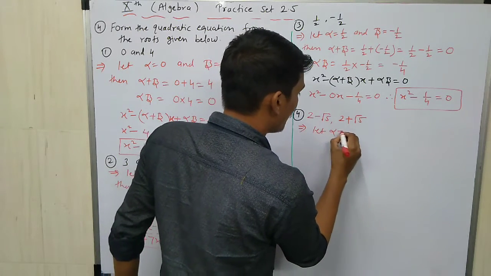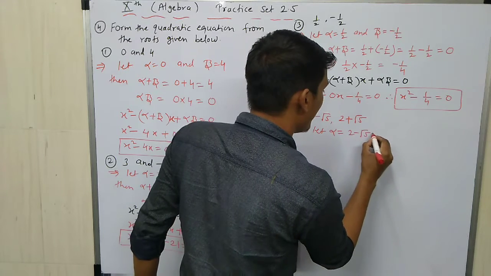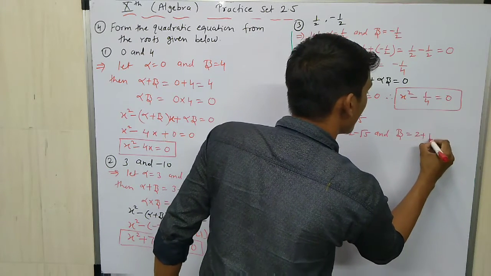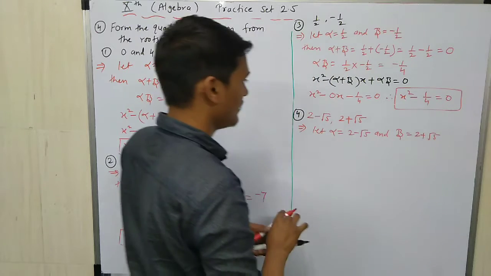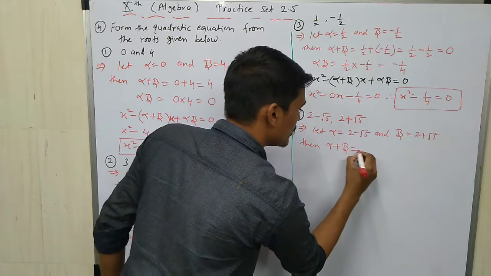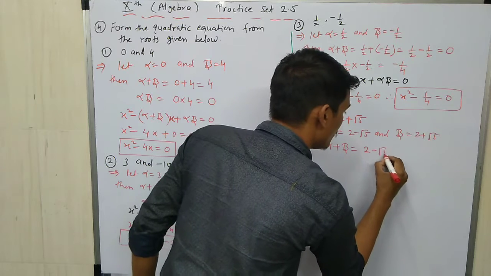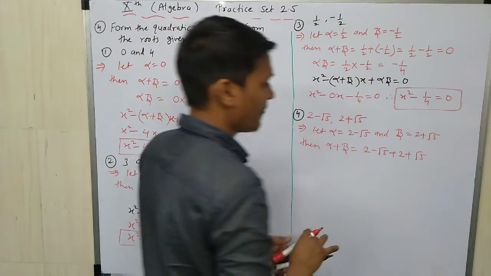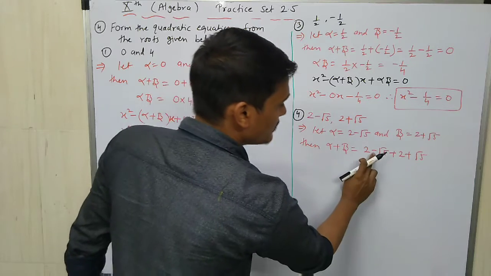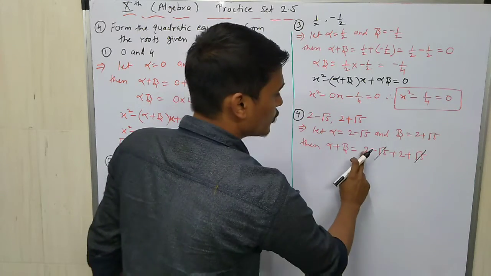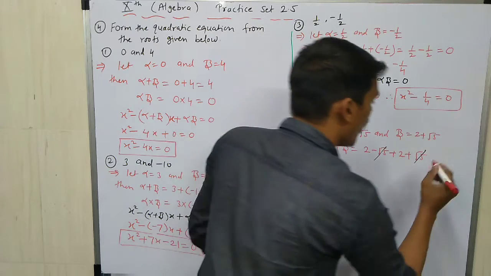Let alpha is equal to 2 minus root 5 and beta is equal to 2 plus root 5. Then alpha plus beta is equal to 2 minus root 5 plus 2 plus root 5. Understood? Now there is minus root 5, there is plus root 5, they will be 0. 2 plus 2 is equal to what?